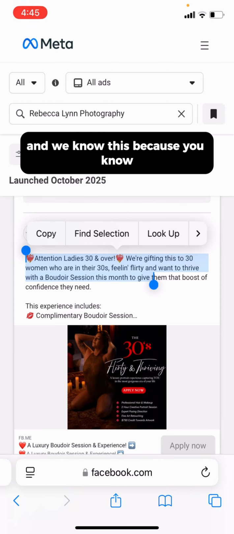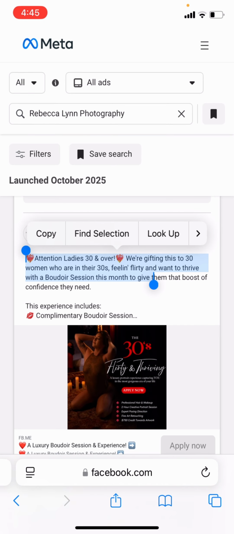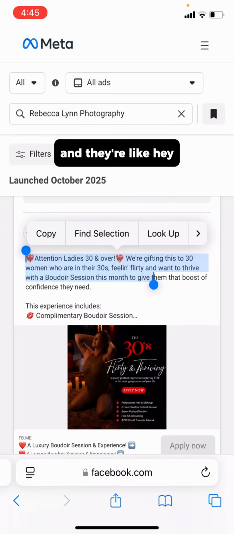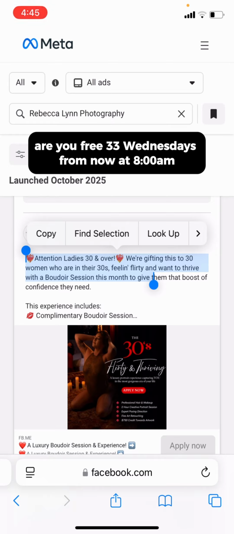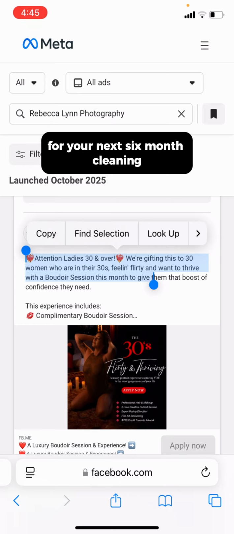And we know this because, if we go to the dentist for our 6-month checkup, 6-month teeth cleaning, we are out paying at the front desk, talking to the front desk secretaries, and they're like, hey, are you free 33 Wednesdays from now at 8:20 a.m. for your next 6-month cleaning?